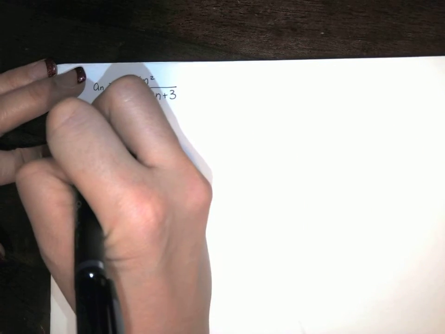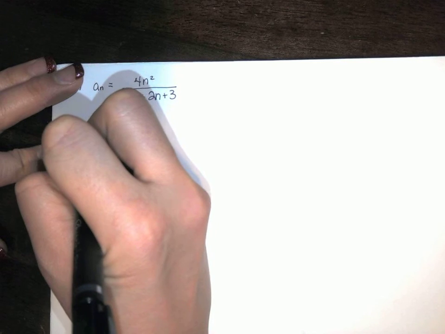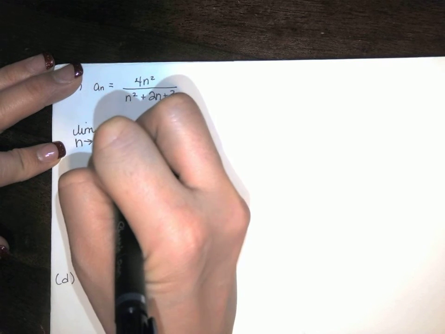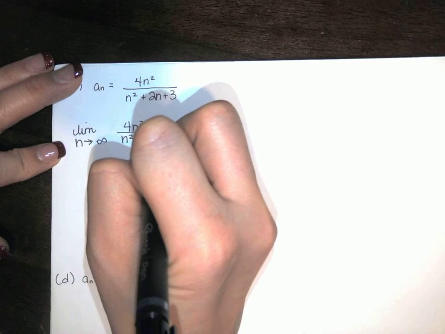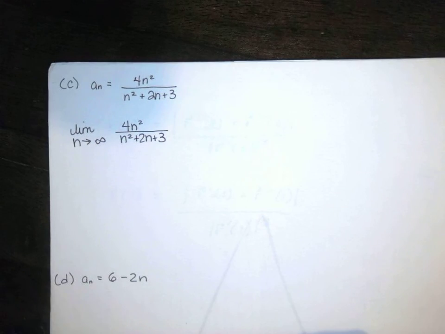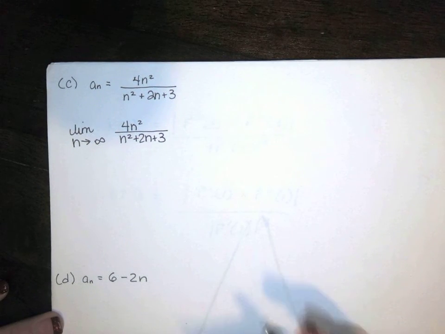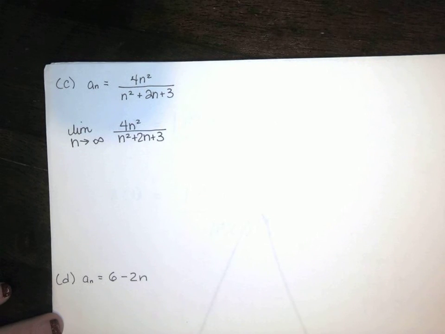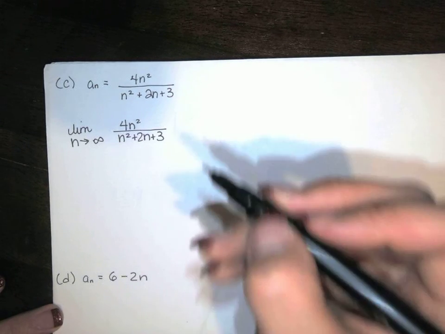We can do it, but I'd rather not waste my time doing arithmetic, not in this class. I'd rather think about big ideas, how concepts are connected. So here I have the limit as n goes to infinity of 4n squared over n squared plus 2n plus 3. Now, if this was an x, this would be an infinity over infinity indeterminate form. The same is true here.